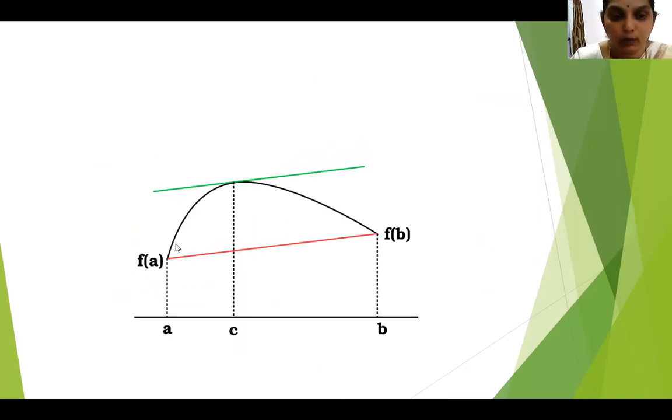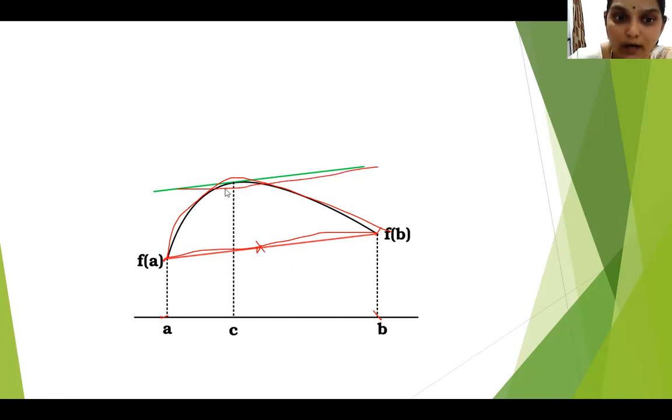I have taken one more figure for the Lagrange mean value theorem. A, its image is f at A. B, its image is f at B. If you join f of A and f of B, it is called the secant. Now, our curve is moving like this. If it is continuous in the closed interval AB and differentiable in the open interval AB, then there exists a line parallel to the secant, and it is the tangent to the curve.